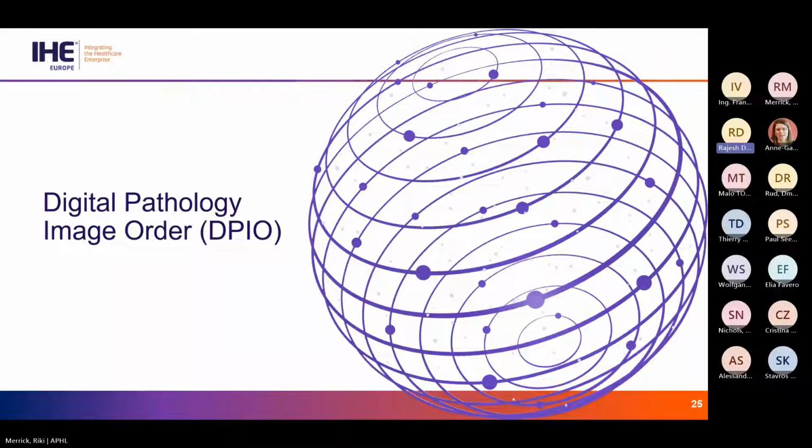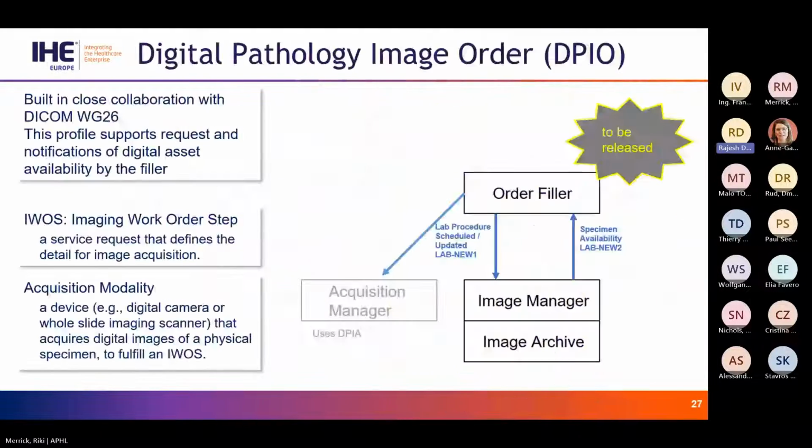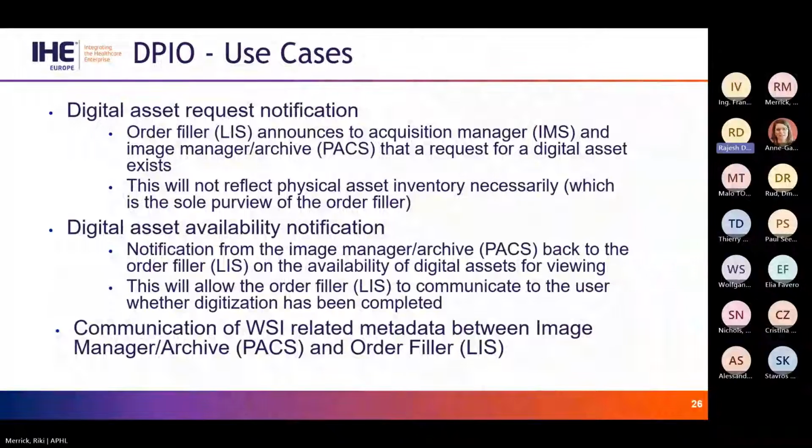Okay, so I'm going to quickly cover the other profiles that are a work in progress in addition to the change proposal for DPIA. So the use cases here for DPIO is communication between the LIS, the image management system, or that software that's running the scanner, and the PACS system, which is really interacting with the user.